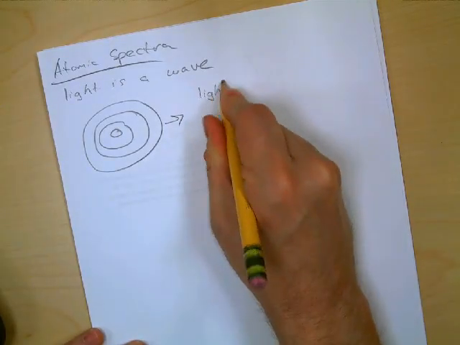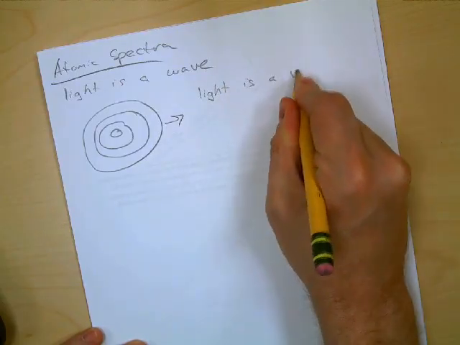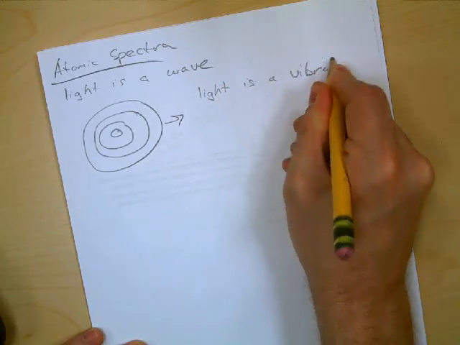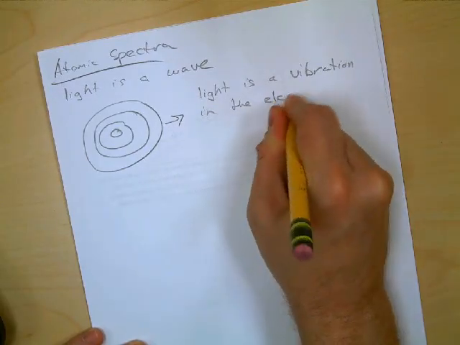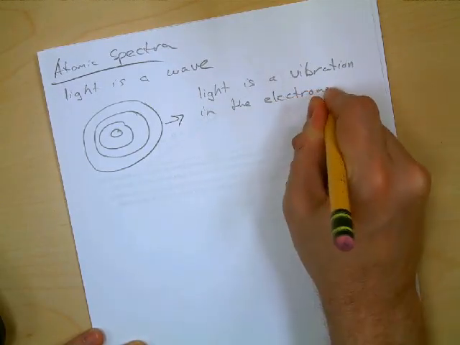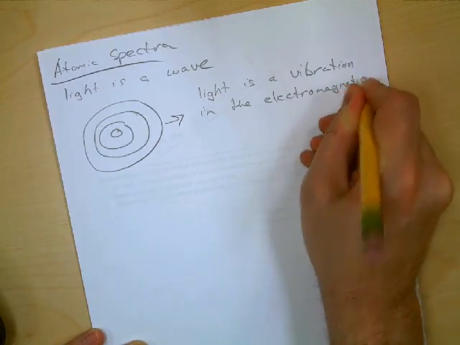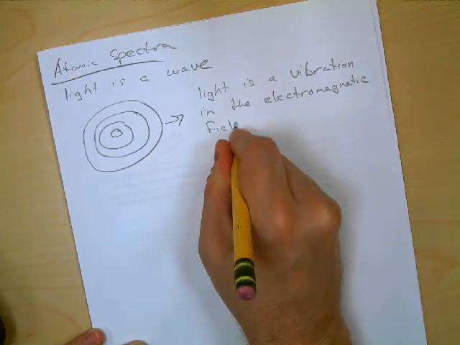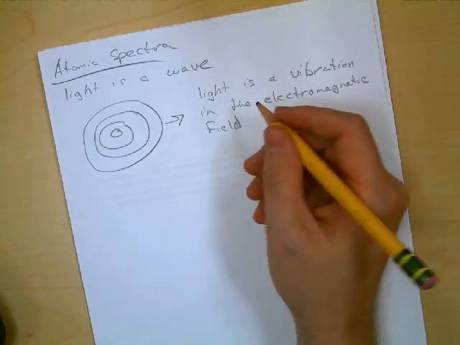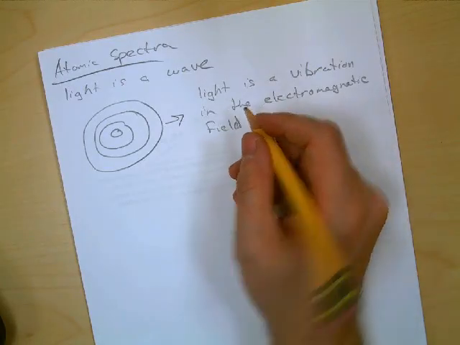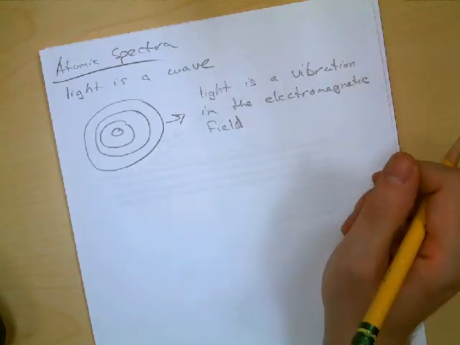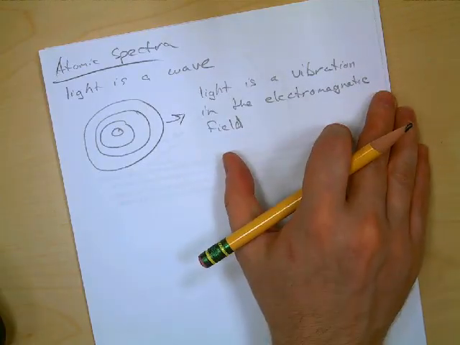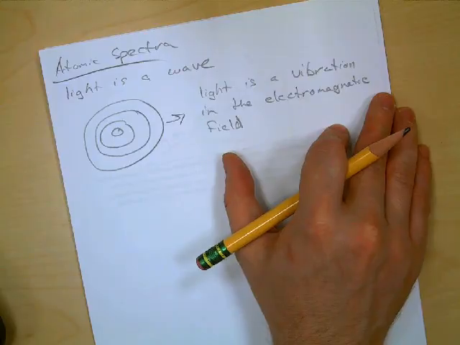So light is a vibration in the electromagnetic field. Now that's a whole other deep rabbit hole in physics about what is the electromagnetic field and field theory, etc., that we are not going to get too deep into in this particular class.